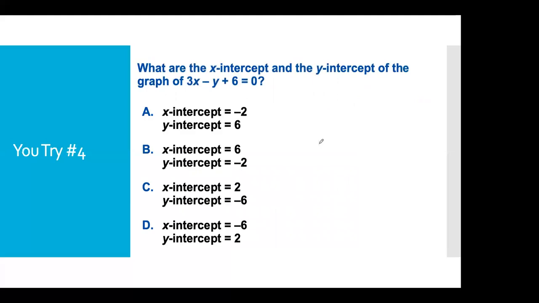All right, here is your u-try. Go ahead and determine the x and y-intercepts of the graph of 3x minus y plus 6 equals 0. Pause as needed for you to go ahead and have time to work this out. All right, so we're going to determine our x-intercept. So that is when y is 0. So we're going to plug in 0 for y.